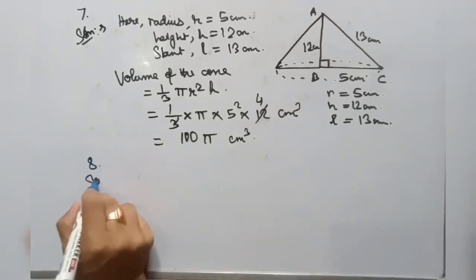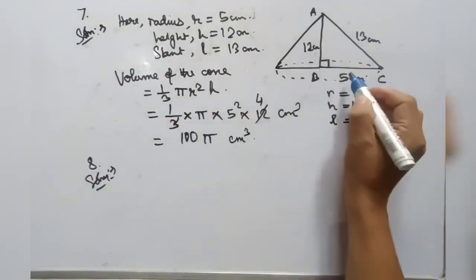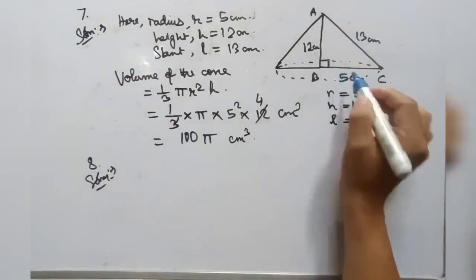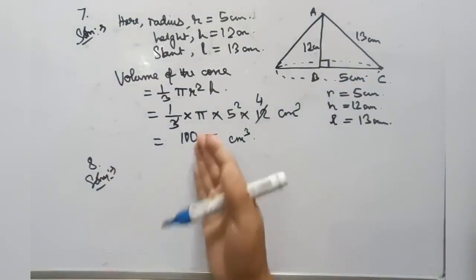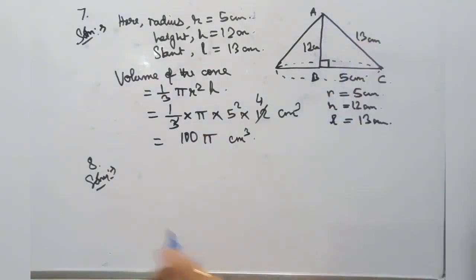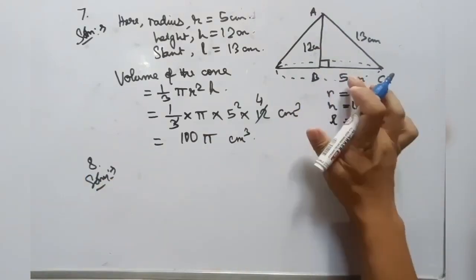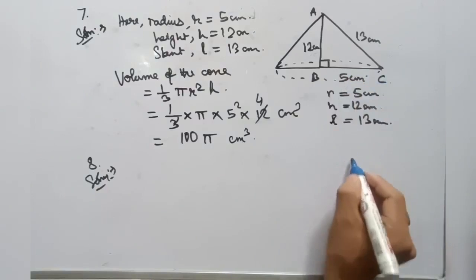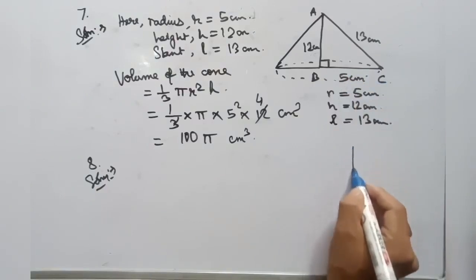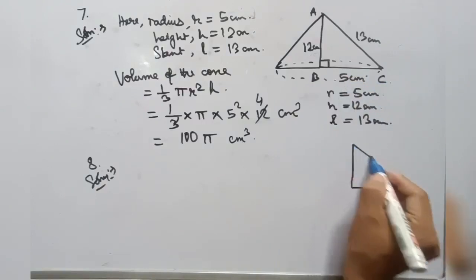In question number 8, it is mentioned that this same triangle is revolved around the side of 5 centimeter. Now in question number 7, the triangle is revolved around the side 12 centimeter. Now in question number 8, the same triangle is revolved around the side 5 centimeter. So let me draw the figure.